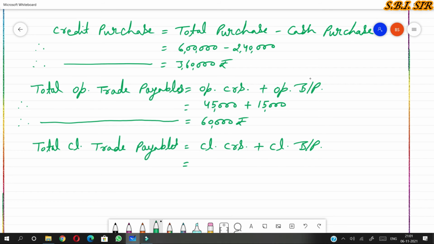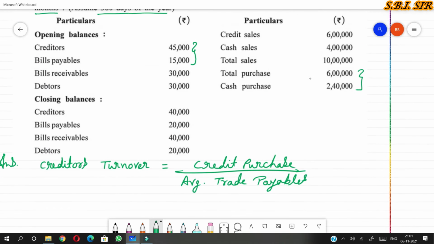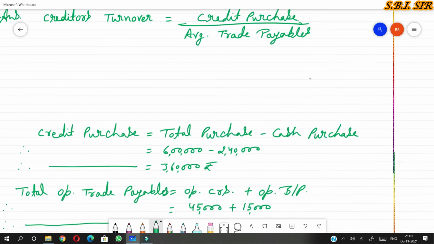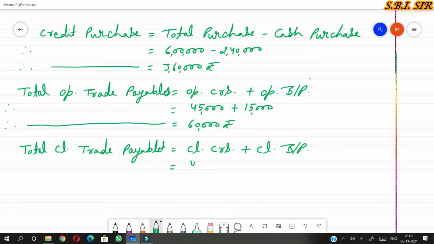Closing creditors are 40,000 and closing bills payable are 20,000. 40,000 plus 20,000 is 60,000. These are total closing trade payables.